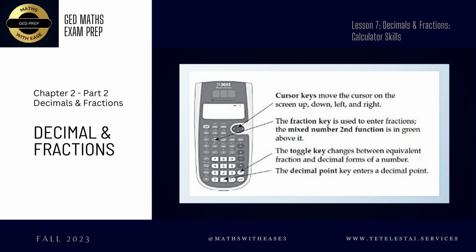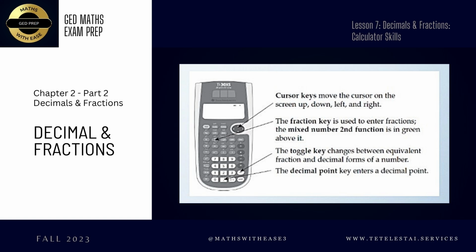This toggle key here helps you toggle or change between fractions and their decimal equivalents, and it will help you change between a fraction and its decimal equivalent, or between a decimal and its fractional equivalent. So it helps you toggle back and forth between the two right here.